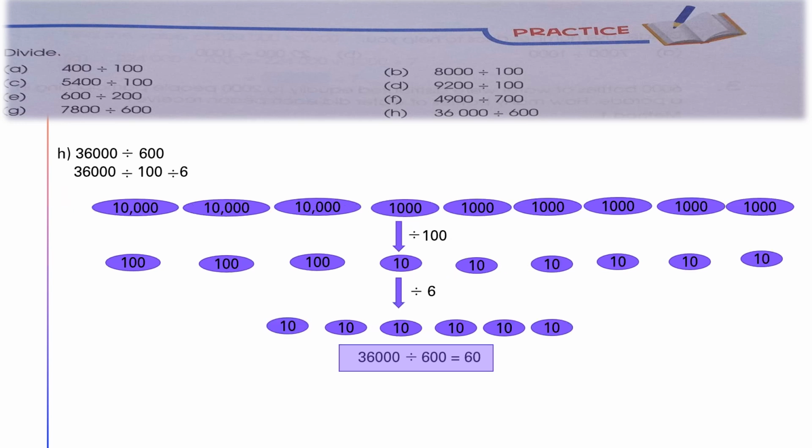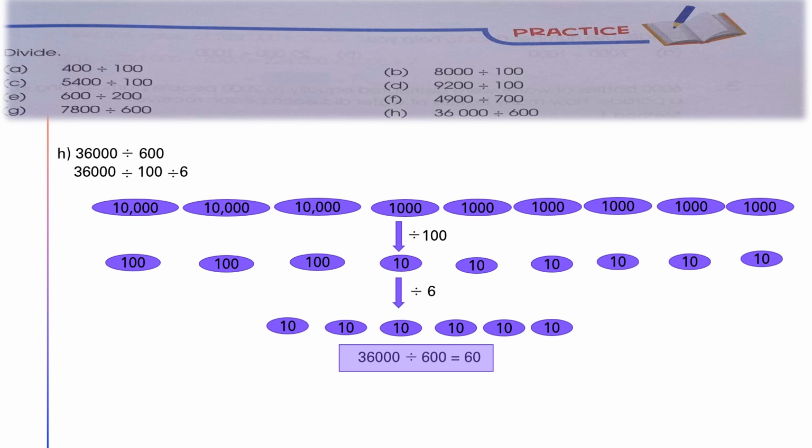For part H, which is our last part as well, we have to divide 36,000 by 600. Here we are going to break up 600 into 100 and 6. For 36,000, we have 0 ones, 0 tens, 0 hundreds, 6 discs of 1,000 and 3 discs of 10,000.